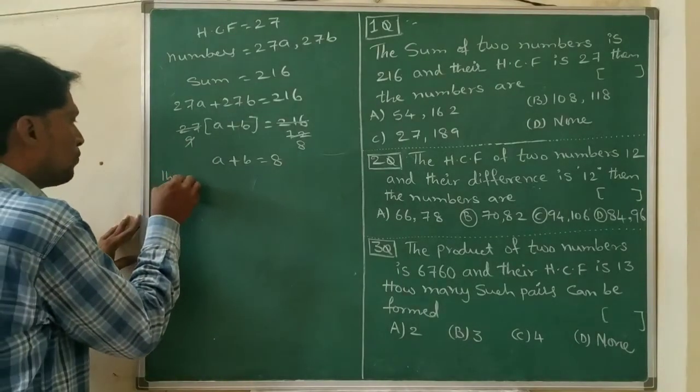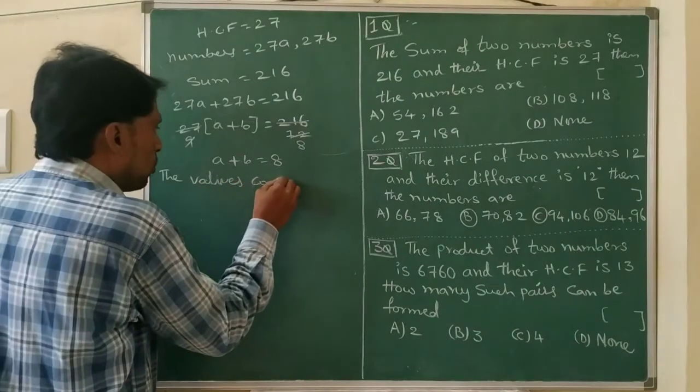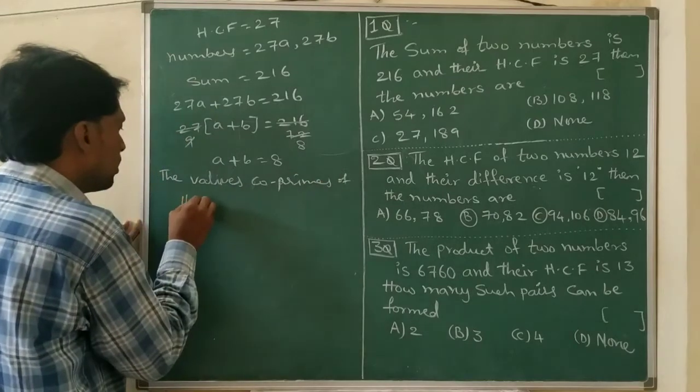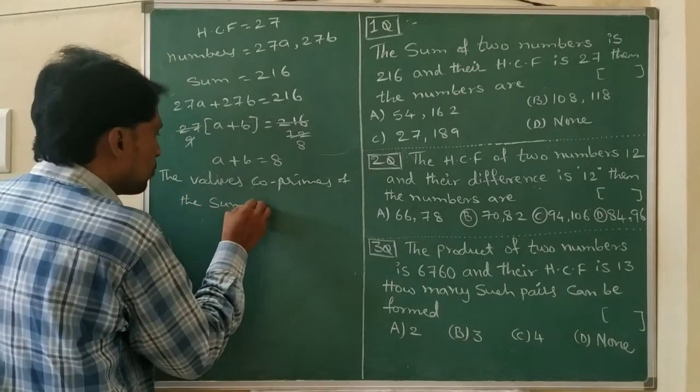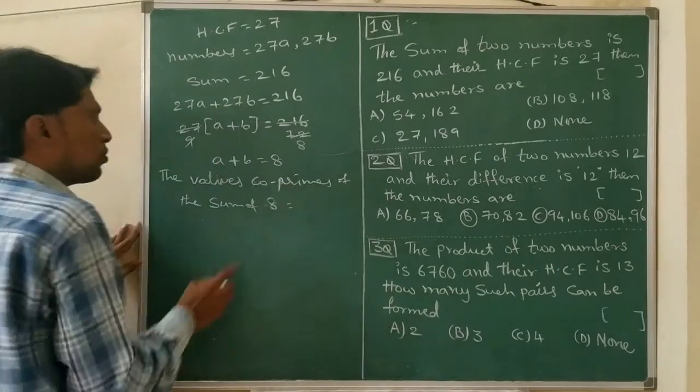So the values of A and B are coprimes whose sum is 8.